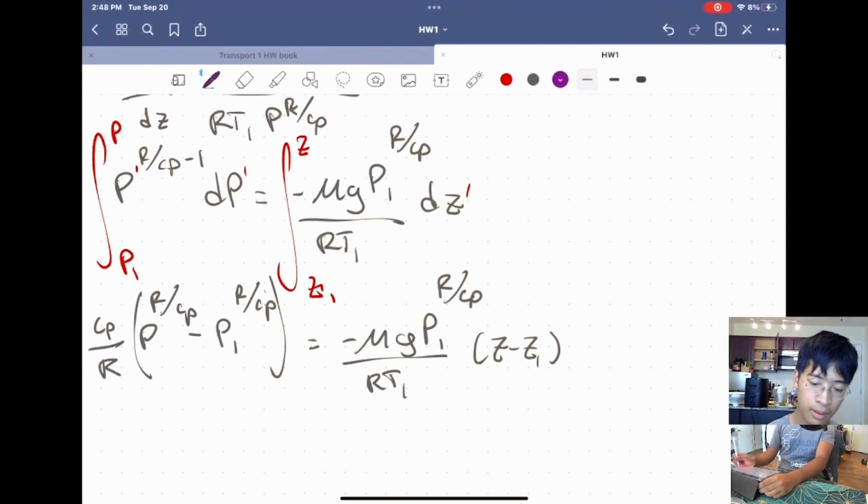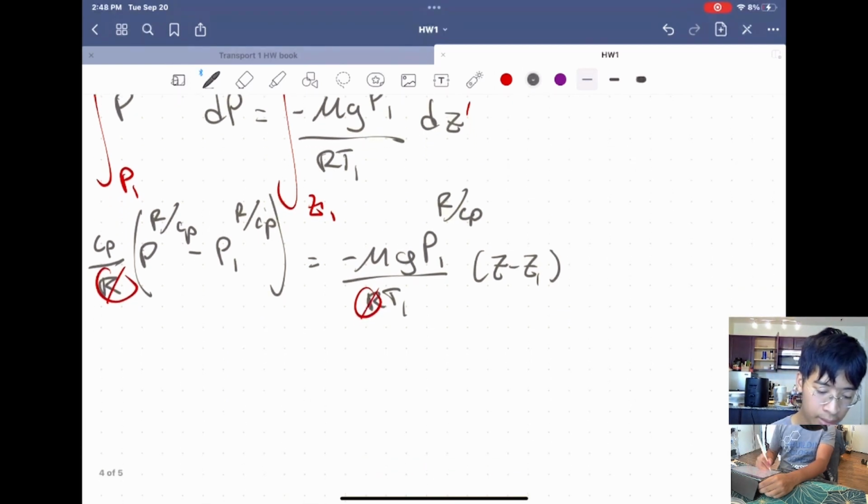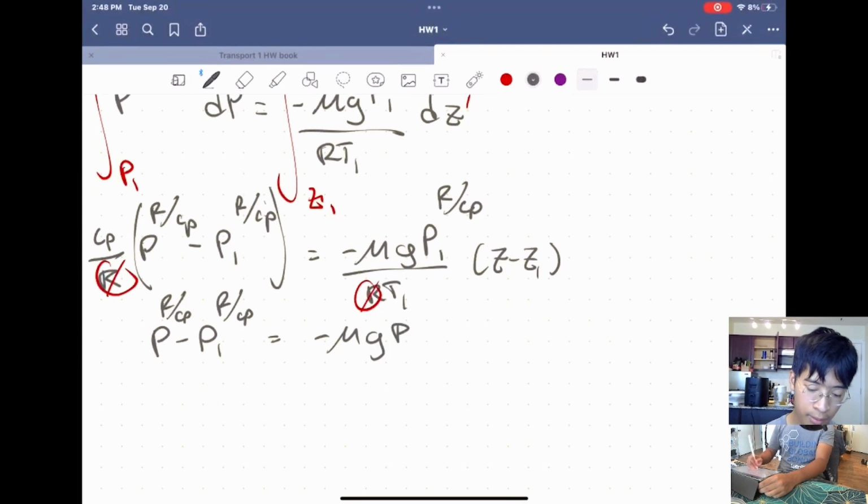Okay. You will notice that that cancels out, and we can bring Cp to the other side. So we have P to the R over Cp minus P1 to the R over Cp equals negative molar mass G P1 to the R over Cp over Cp times known temperature times change in altitude.